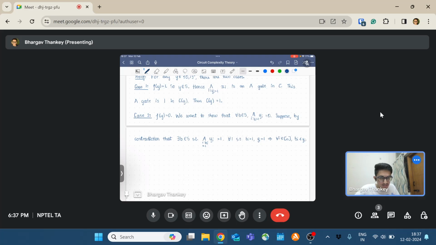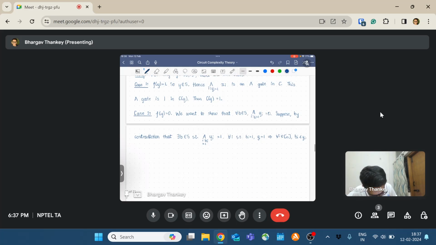So for every i, bi is less than or equal to yi. By the definition of a monotone function, y must also output 1, since b goes to 1. And this is a contradiction.